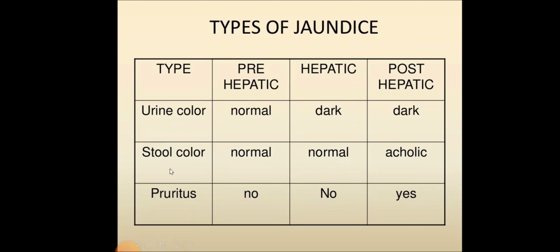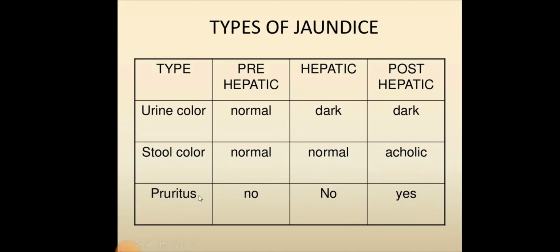The stool color in prehepatic is normal, in hepatic also normal, and in post-hepatic it is acholic. Acholic means it is pale or clay colored, in obstructive jaundice. And then you can see pruritus, itching.